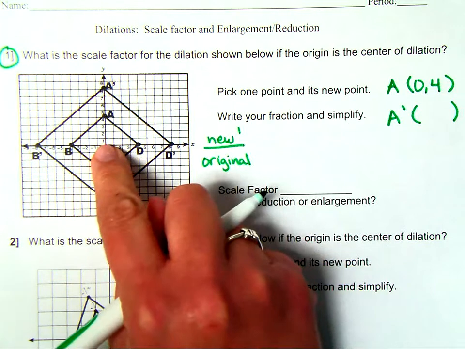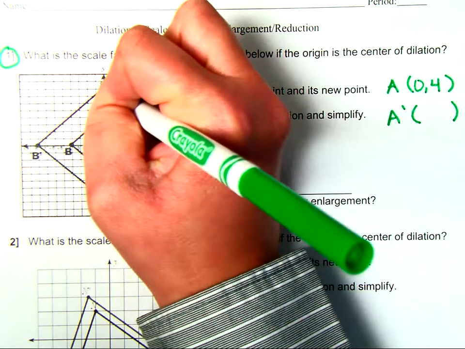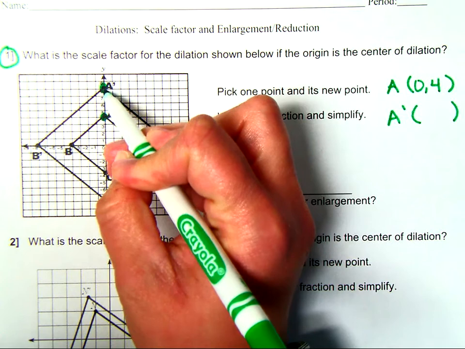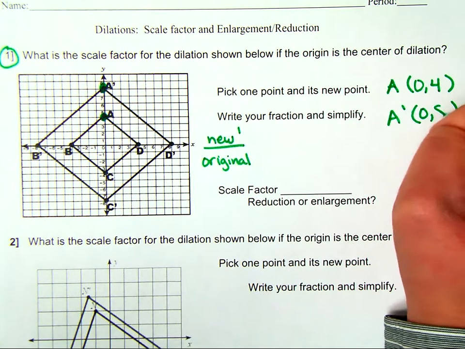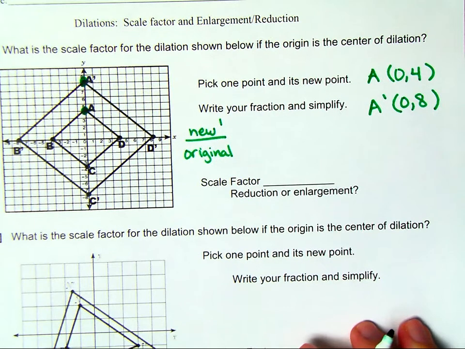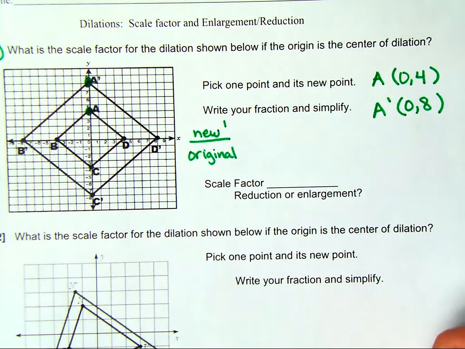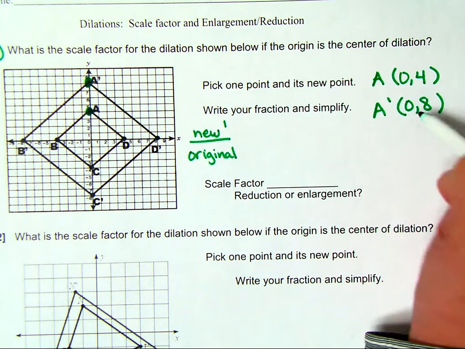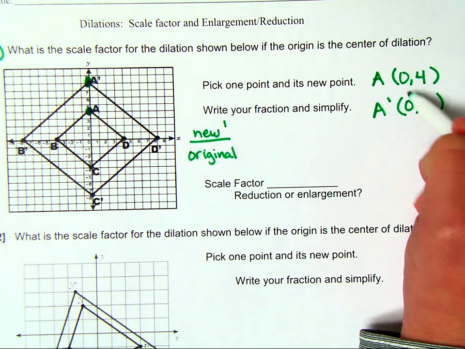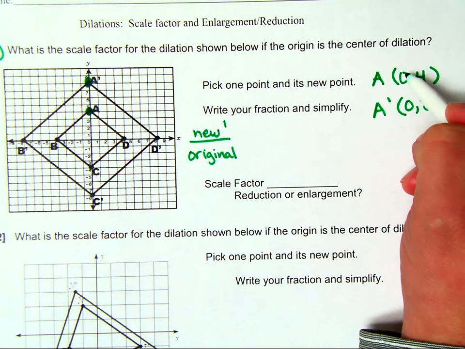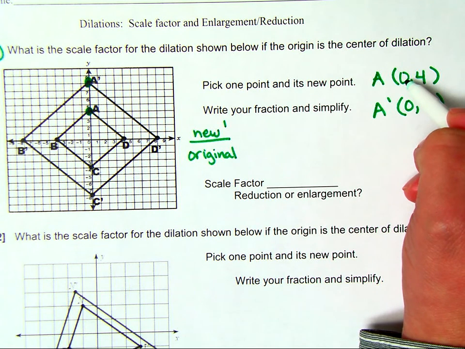And then A prime, so I'm looking at this one right here. When X is 0, Y is 8. Okay? So here's what we have to think about. We need to write a fraction comparing these two. Well, if I take my new X value and compare it to my original X value, 0 divided by 0 can't happen.